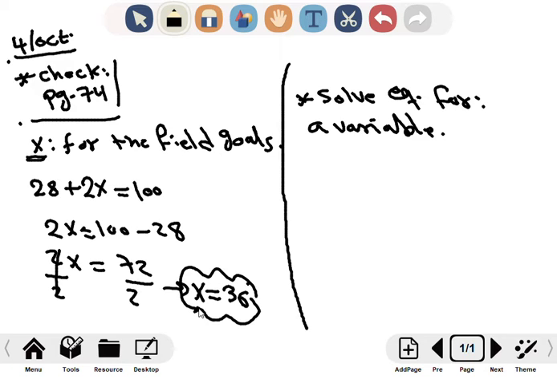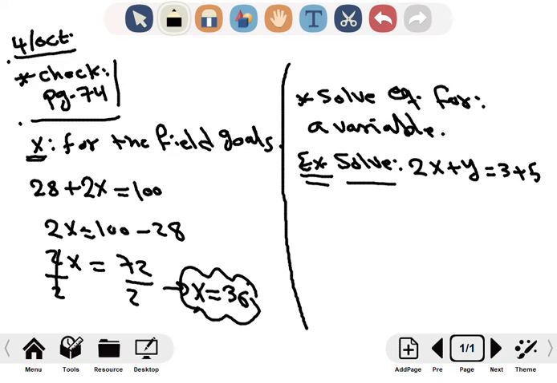So solving for a variable, I need to do steps until I get the variable down equal. For example, if I want to solve, focus to understand the idea: 2x plus y equals 3 plus 5x, for x. It means I will do steps until down I want x alone equal.